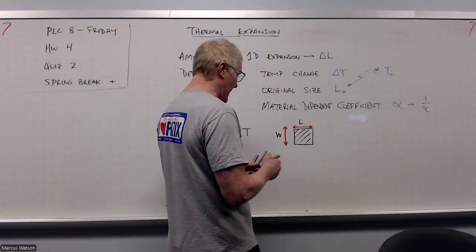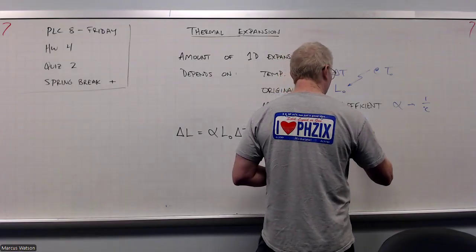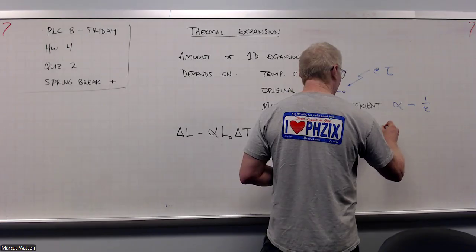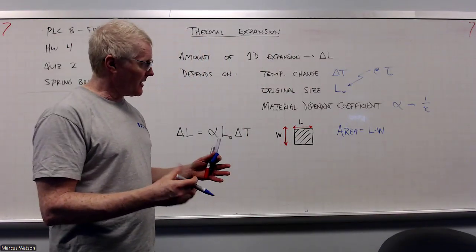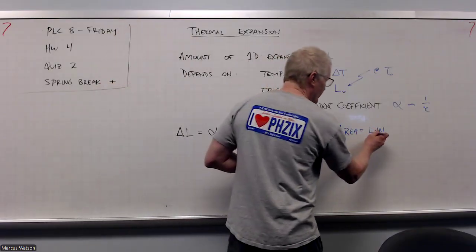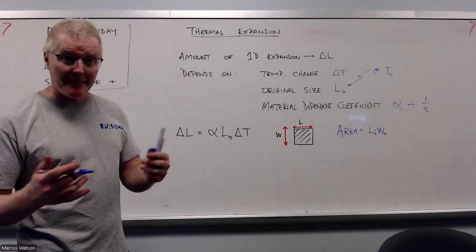Well, I could certainly do that by looking at the area being equal to L multiplying W. And if I now heat it, right, so I'll call these L naught, W naught. So if I now heat it, what happens to these things?